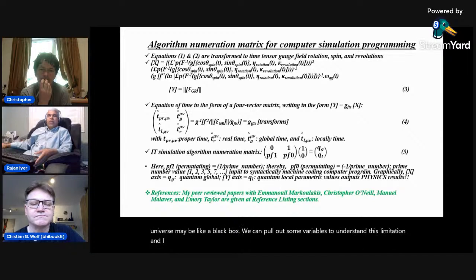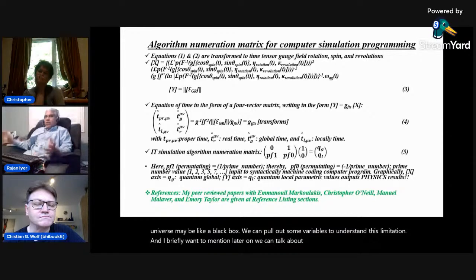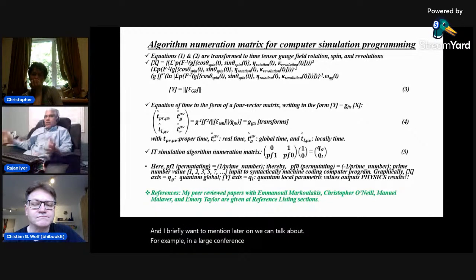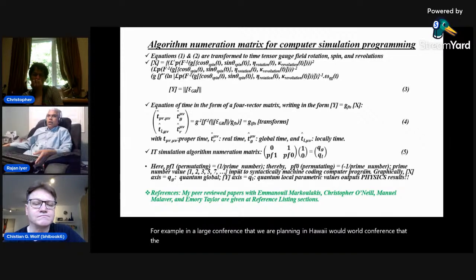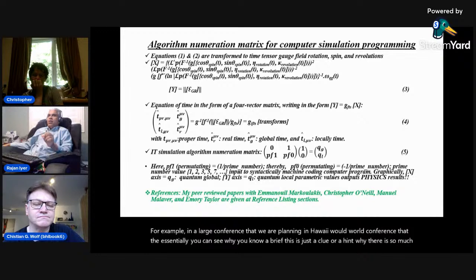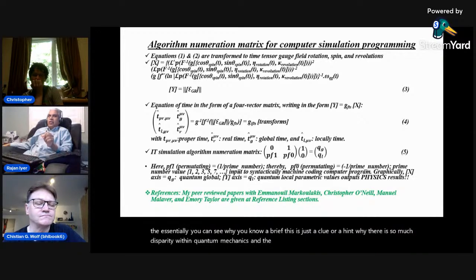And I briefly want to mention, and later on we can talk about, for example, in a large conference that we are planning in Hawaii, or the World Conference, that essentially you can see why, and this is just a clue or a hint, why there is so much disparity between quantum mechanics and relativity. And there is that catastrophe problem, the ultraviolet vacuum.